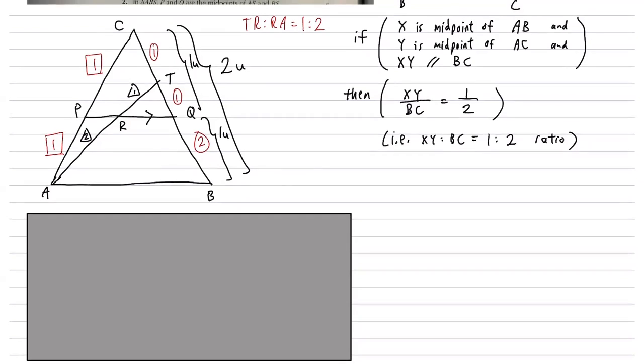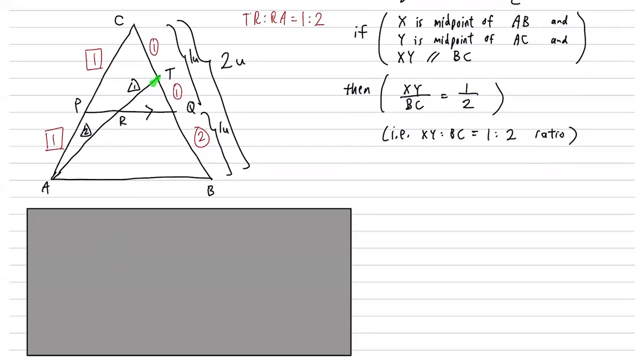Then if you look at this pair of triangles here, they are similar, right? TRQ is similar to TAB, which means that the ratio of TR is to TA must be the same as TQ is to TB, which has a ratio 1:3, right? If we know TR is to TA, the ratio is 1:3, we can clearly see that TA is made up of TR plus RA, right?